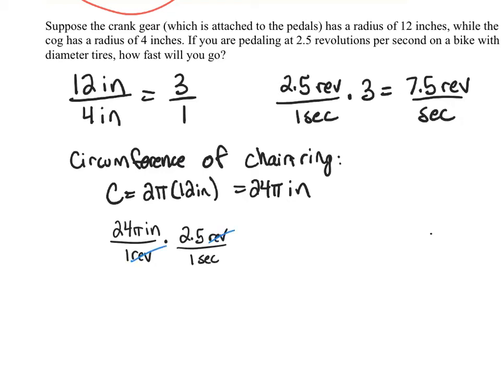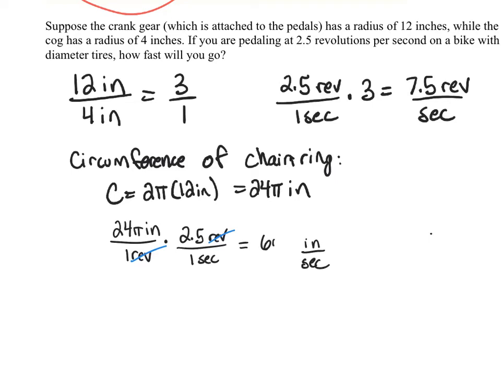This tells me that the linear speed of both the chain and any point on the exterior of the wheel is just those two numbers multiplied together, and that gives me units of inches per second.